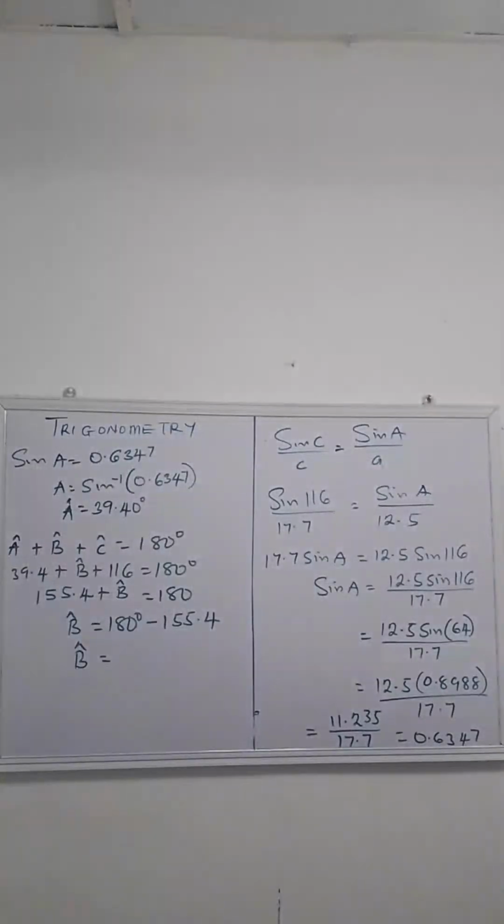What's angle B? I want you to give me the answer. Everybody should be able to do this now. 180 minus 155.4. Yes, I can see Riscott. Yes, I see Pamela. I want everybody to participate.